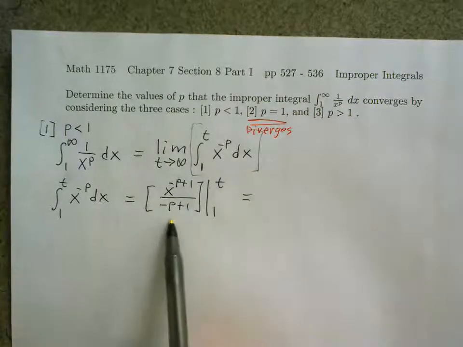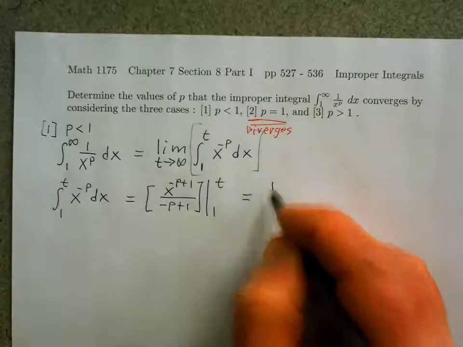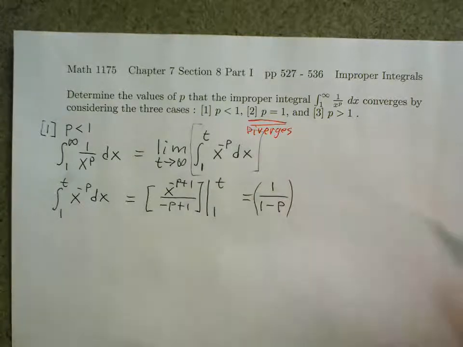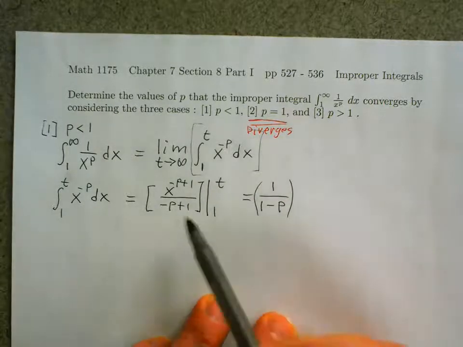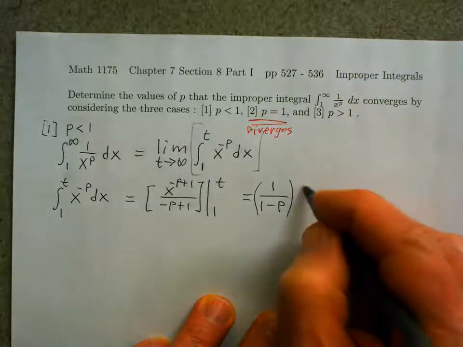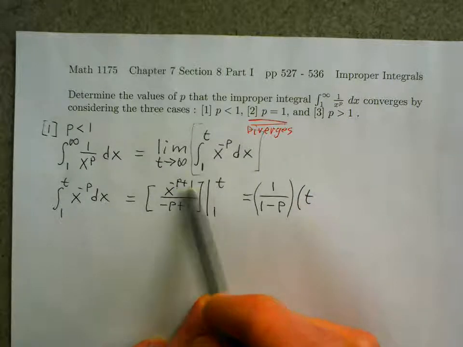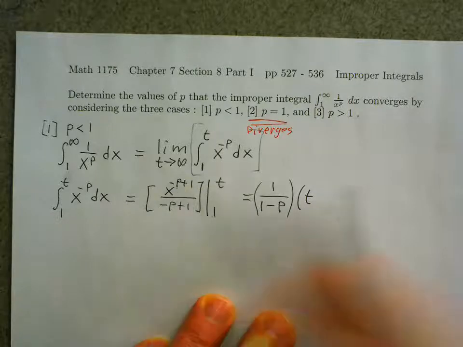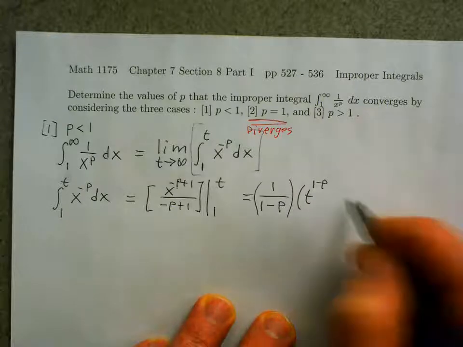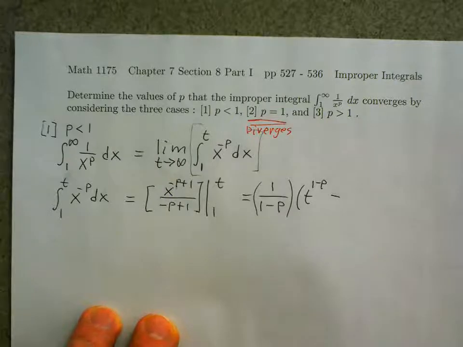So 1 over negative p plus 1, we can write that as 1 over 1 minus p. And then replace x with t, we get t to the negative p plus 1, but I'm going to rewrite that as 1 minus p, t to the 1 minus p. And then minus, when x is 1, 1 to the negative p plus 1 is just 1.